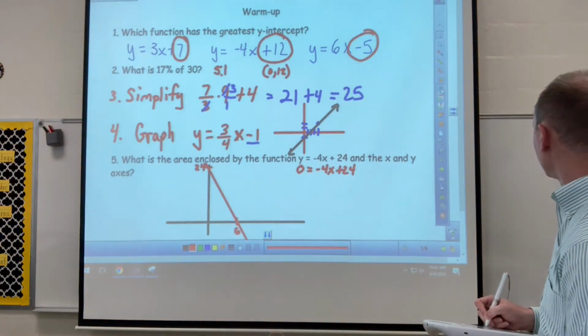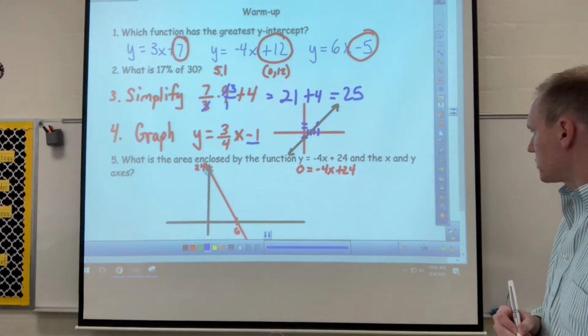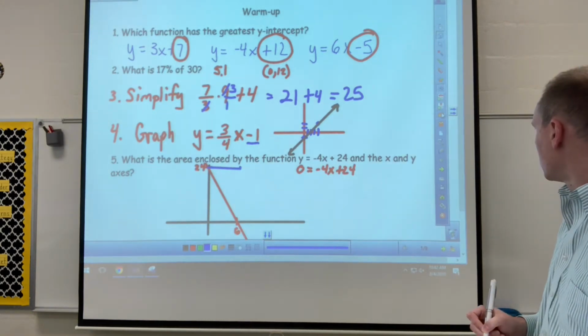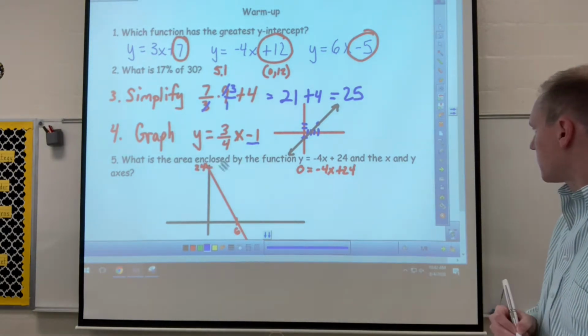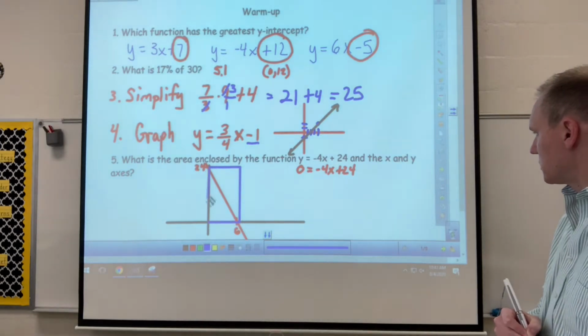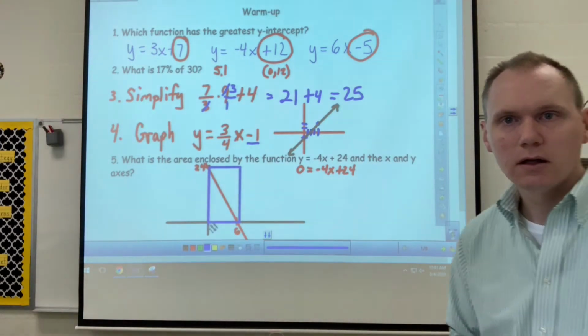And so what I mean by that is if we create this rectangle right here. It's not perfect, but you get the point here. If we create this rectangle, it's always going to be half of that.